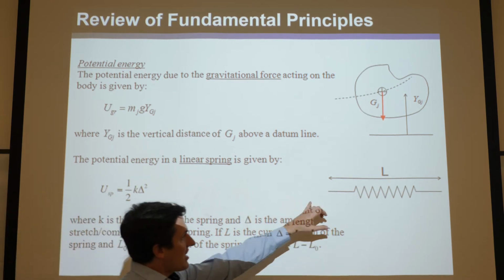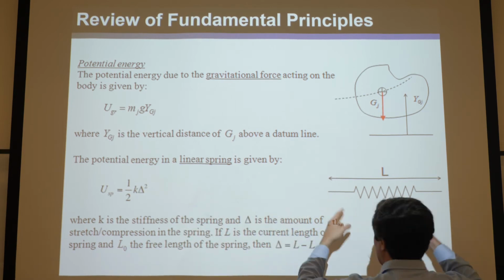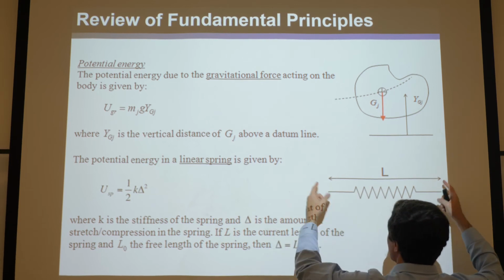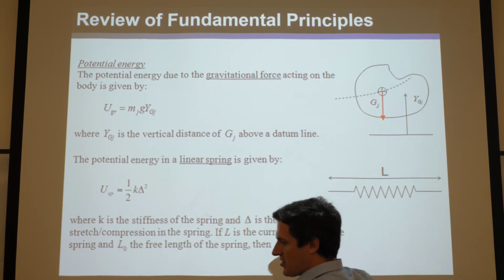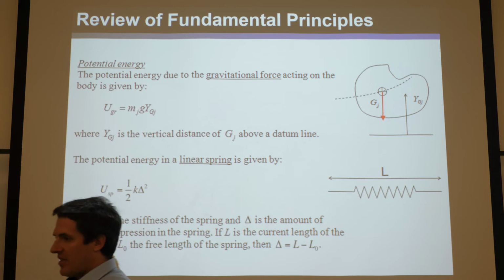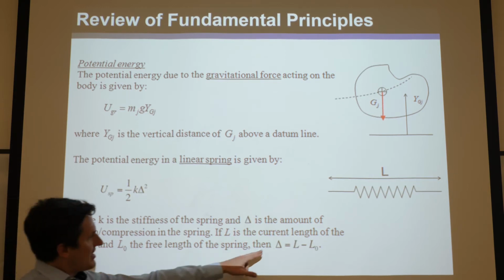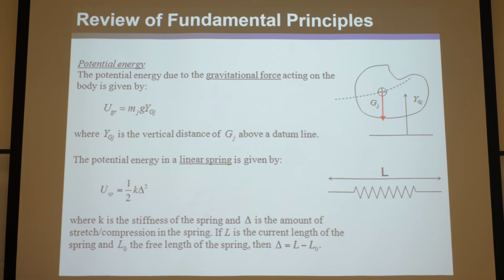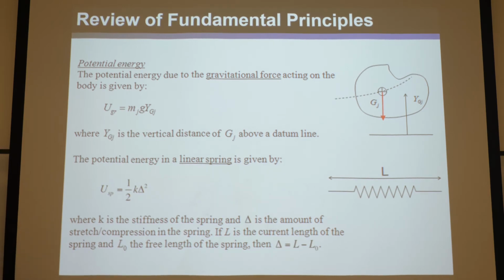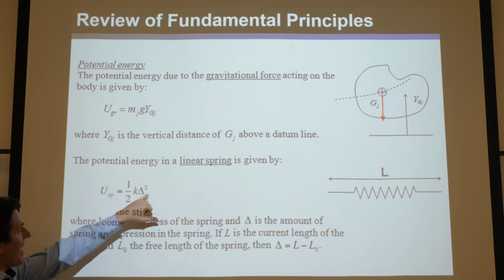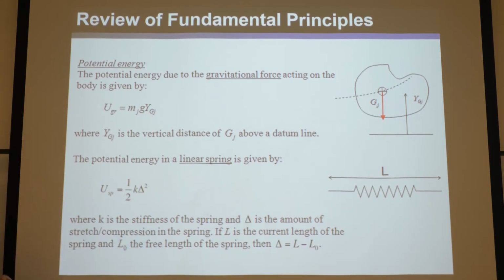Say you have a spring that started at some length L naught, but then you stretch it to, say, a length L. Then you can find out how much it's stretched, either compressed or stretched, if you take L minus L naught and define that as delta, okay? And how much that displacement is, delta, you take that and square it and multiply by 1/2 k, times delta squared, okay?